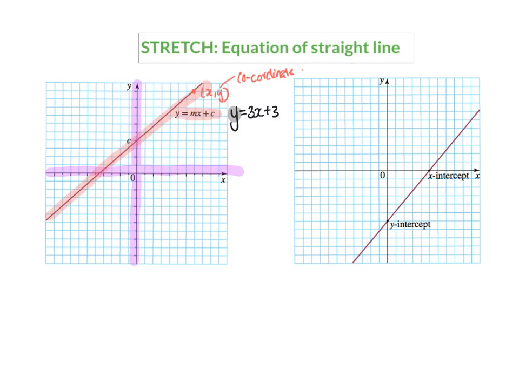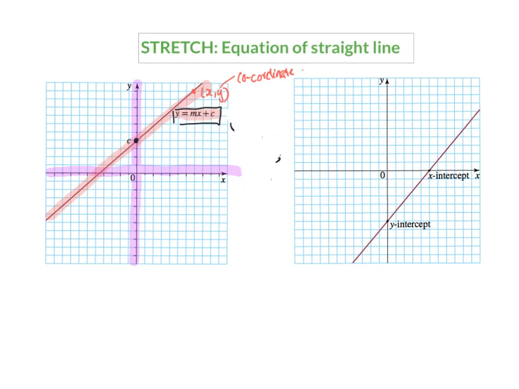For example, when x is 0, we can see that y equals 3. If I put x equals 0 into my formula, can you see that I get y equals 3? So all these straight lines are going to have a formula that looks something like this.